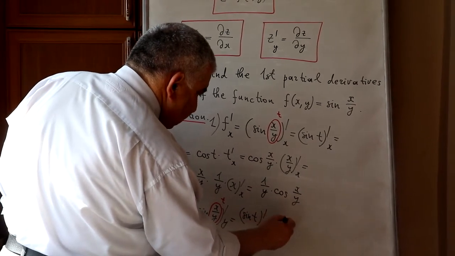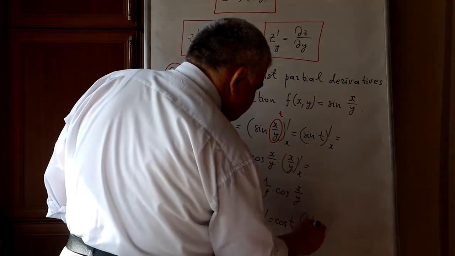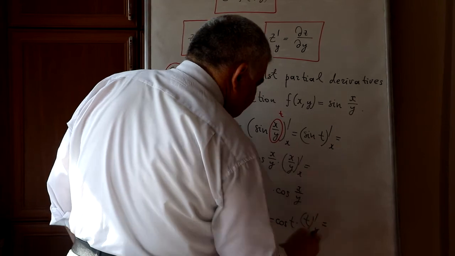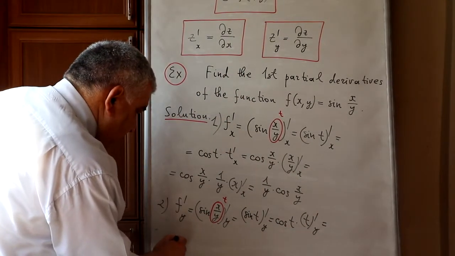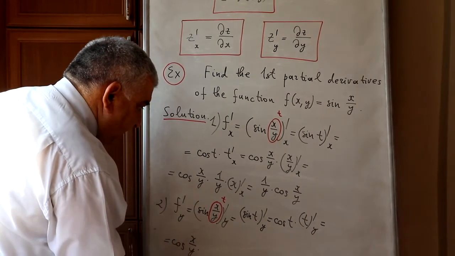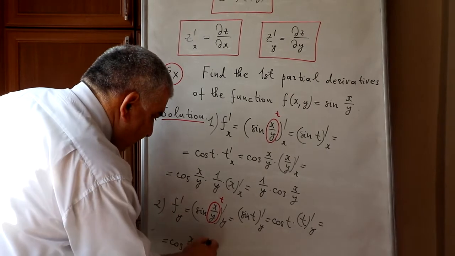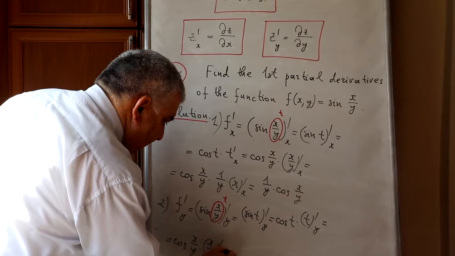It is cosine t multiplied by t prime with respect to y. Then it is cosine x over y multiplied by x over y prime with respect to y.